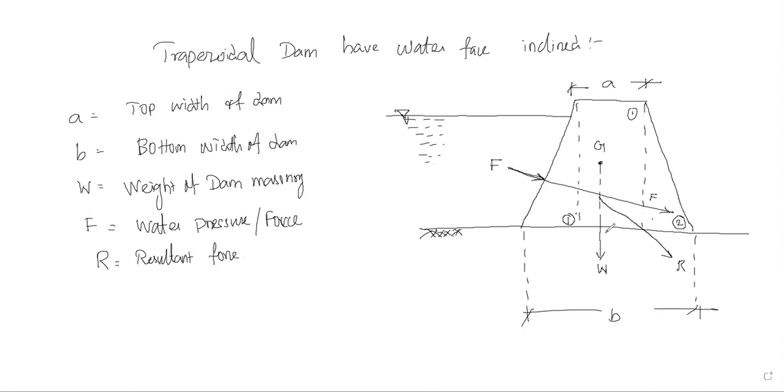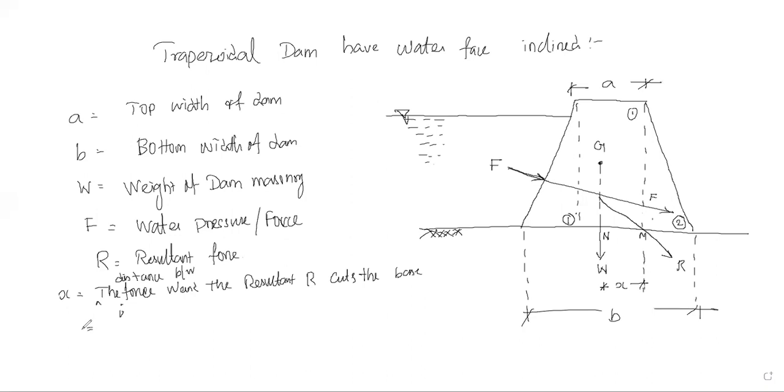Where W meets the ground point, that is N, and where R meets the ground point, that is M. The distance between N and M is equal to X. So X is the distance between the force W and the resultant R cuts the base. So X is equal to NM.